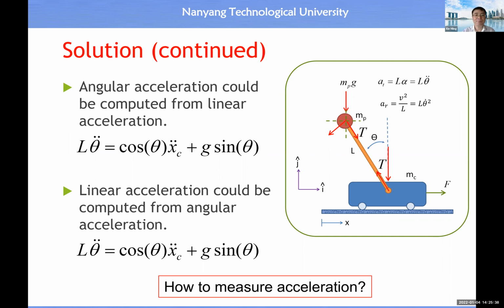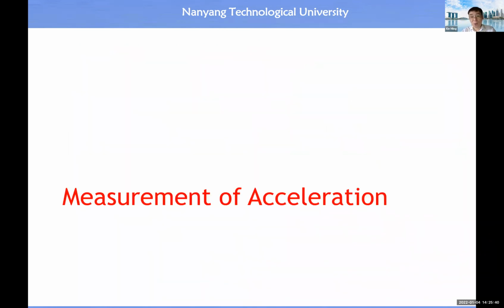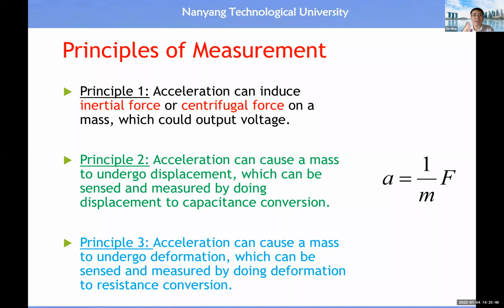Now we want to know how to do direct measurement of acceleration, all right? Here I list down three popular principles for us to follow. Later on, I will tell you that there are more than these three principles, all right? But these three principles should be good enough for us to use.